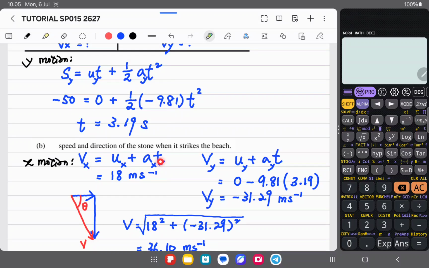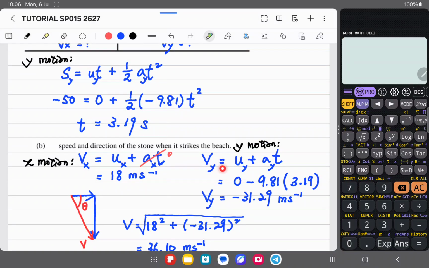V equals u plus at. We do it for x motion. For the x motion, we don't have acceleration. So our Vx will equal Ux, which is 18 meters per second. Then we do it for the y motion.